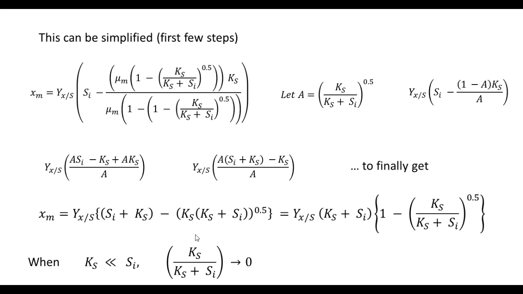Now, when Ks is much less than Si, we saw that this term tends to 0. The denominator can be replaced with Si, and after doing that, we see that the denominator is much larger than the numerator. Therefore, it will tend to 0.